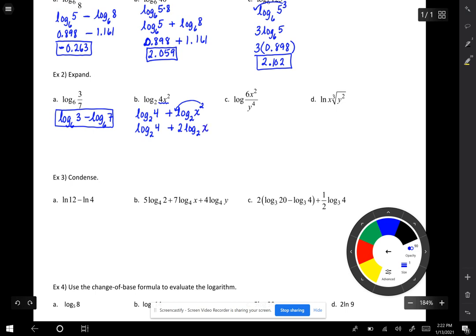This one you can simplify. Honestly, you can leave it like that, but 2 to the second power gives you 4, because remember, the base is 2. 2 to what power gives you 4? And the answer is 2. So you could have left it like this, but this is the better answer down here.